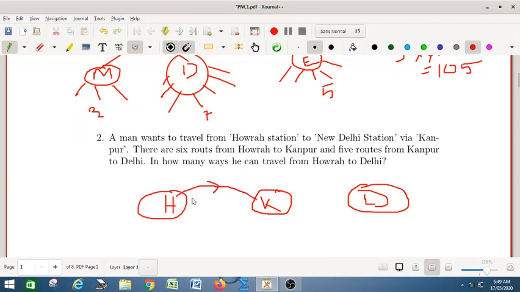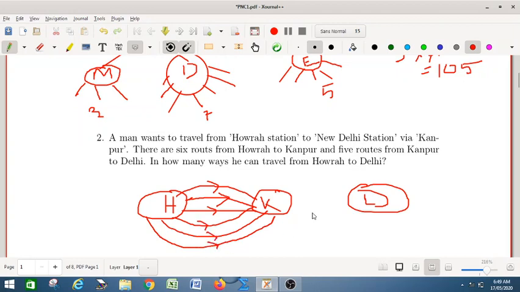You see there are 6 routes available, different trains, you know that. So there are 6 routes from Howrah to Kanpur, and from Kanpur to Delhi there are 5 routes.